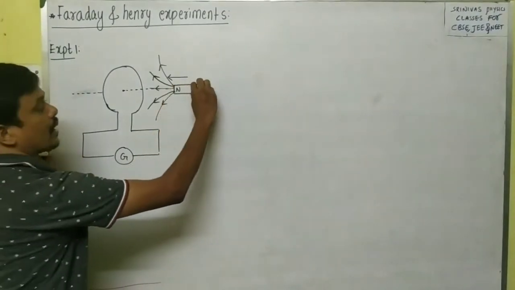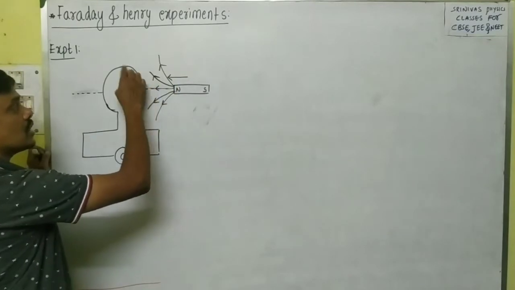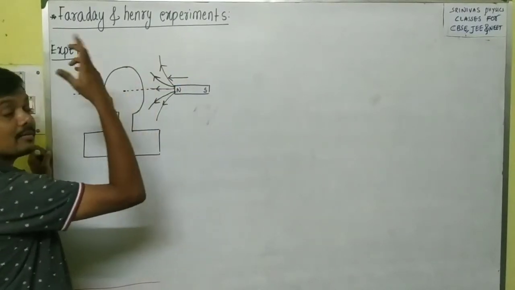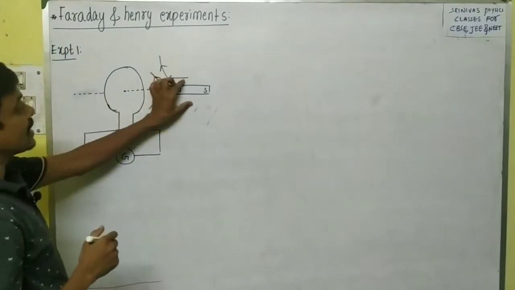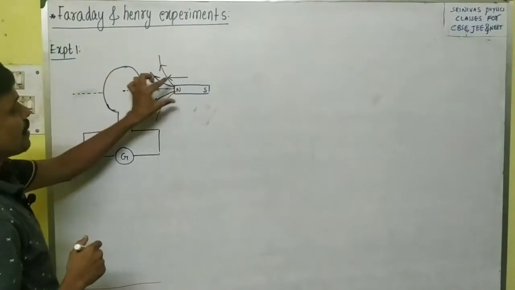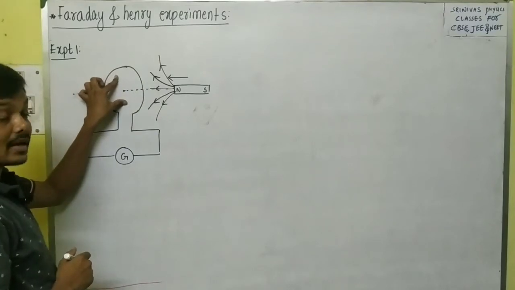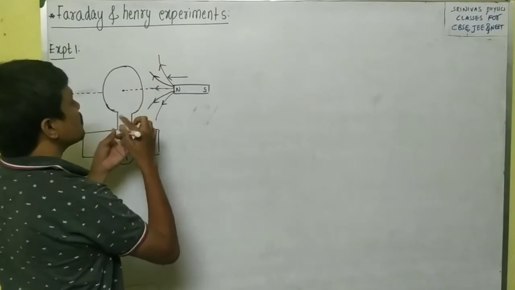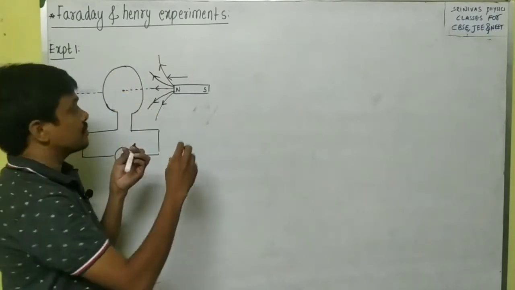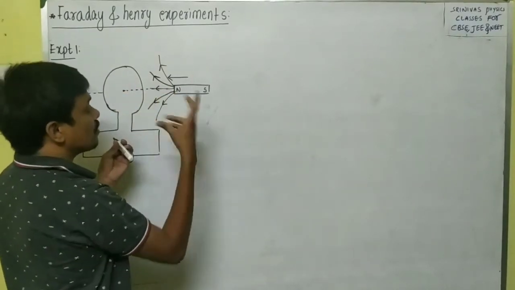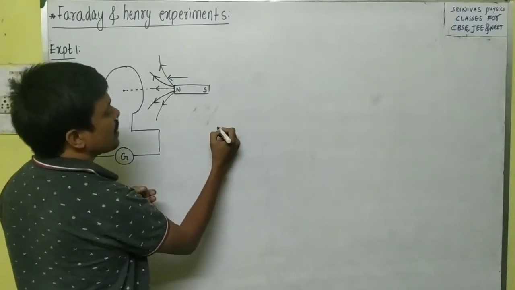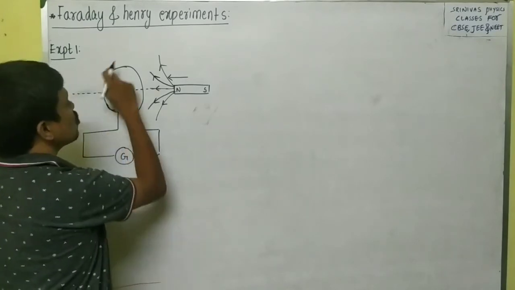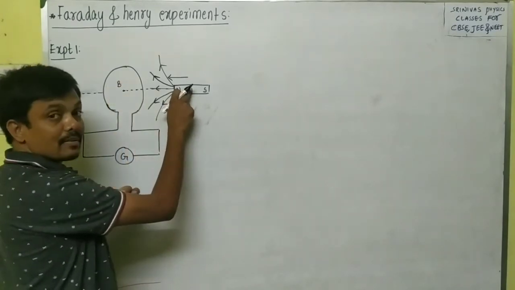When the magnet comes nearer to the loop, the field produced by the magnet increases. The magnetic field linked with the loop increases, because when the magnet comes closer, more lines pass through it. Okay. And one more thing: at this point, if you want the magnetic induction, this loop is in the magnetic field produced by the bar magnet.